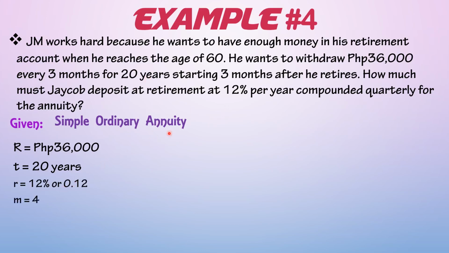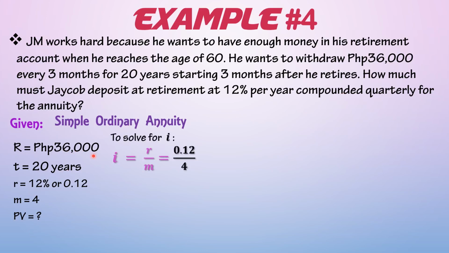The rate of interest is 12% or 0.12, and compounded quarterly is 4. So you have here the present value, how much he should deposit, or the money he needs right now, to receive 36,000 pesos after retirement every 3 months.